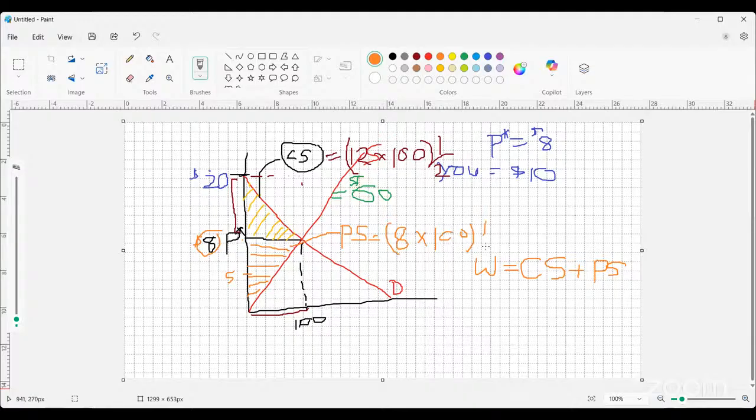Divide by half, and you get the producer surplus, which in our case becomes $40, if I'm correct. Now you can see the consumer surplus becomes $60 and the producer surplus becomes $40, in terms of millions, 40 million and 60 million.